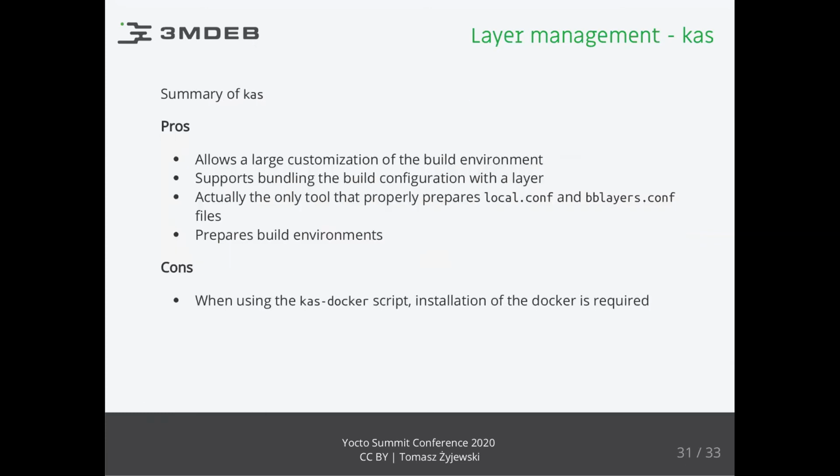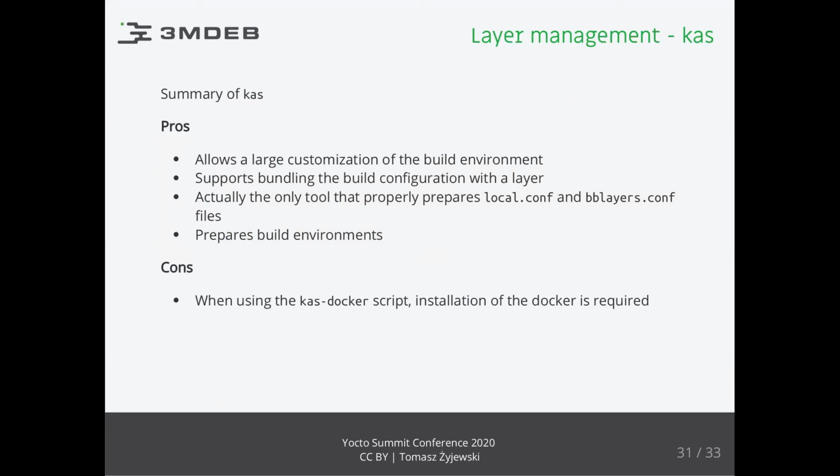So let's make a summary of Kas as a layer management tool. It allows a large customization of the build environment, with no need to add tricks and scripts, which simplifies the working stack. It supports bundling the build configuration with a layer, usually the product application. This can noticeably reduce commit clutter.